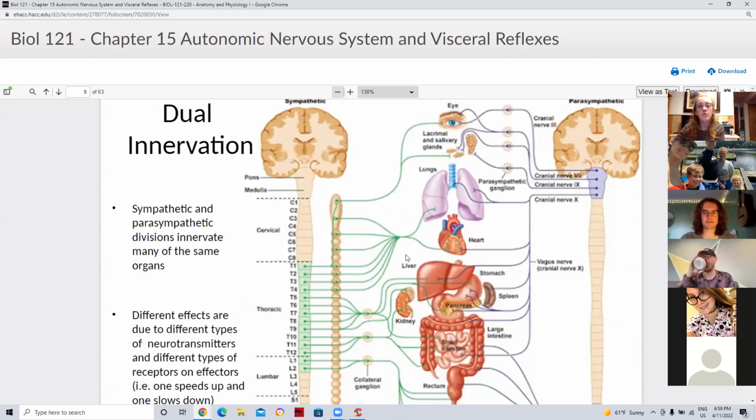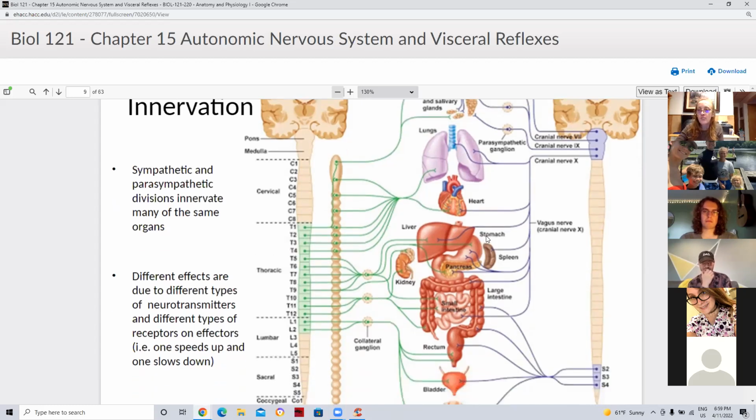Dual innervation. So many organs are innervated simultaneously by both the sympathetic and parasympathetic divisions. For example, your eyes, your lungs, your heart.